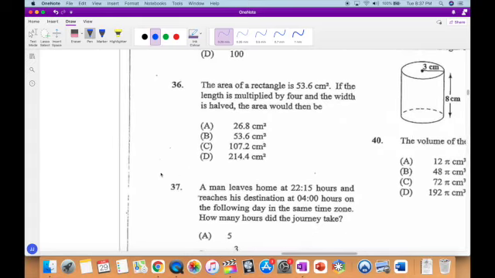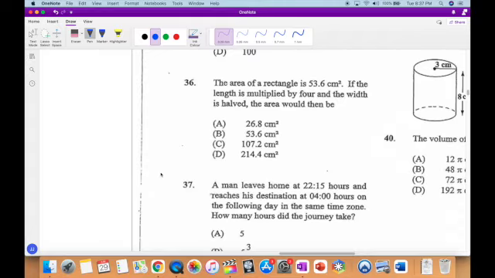The area of a rectangle is 53.6. If the length is multiplied by 4 and the width is halved, the area would be what? So area is length times width, which is 53.6.